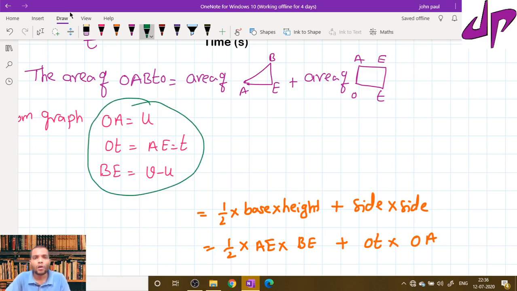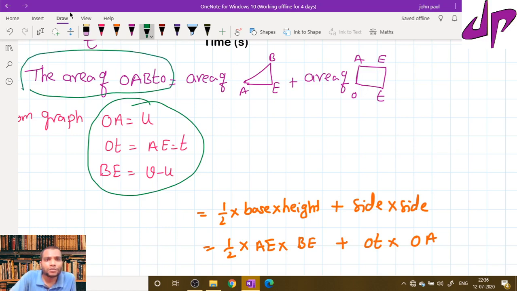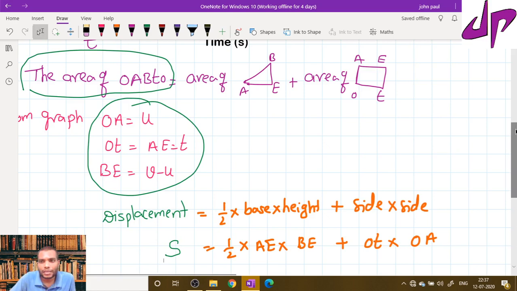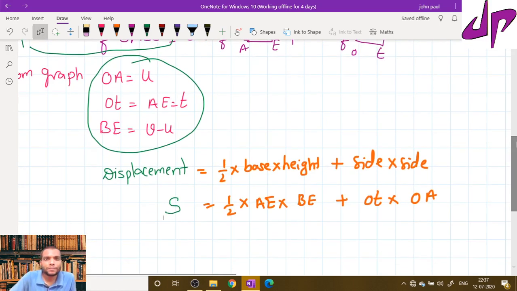We are already having those values, and we already know that the area of OABTO gives us the displacement. So we can represent displacement as S. Therefore S equals half times AE times BE.